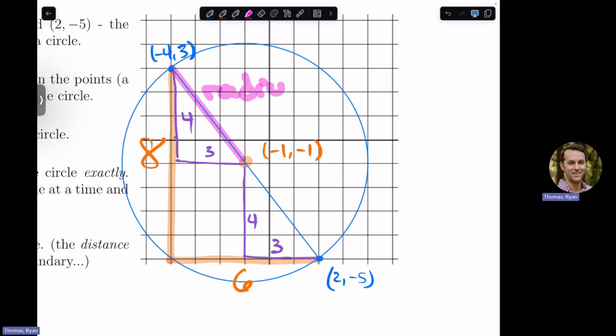That's a radius. It's any of them, but let's use some of the points that we already know. So that's a radius. This is also a radius, but there's one there. Radius is the length of that line, meaning it's the distance from what point to say? It's the distance from there to here.